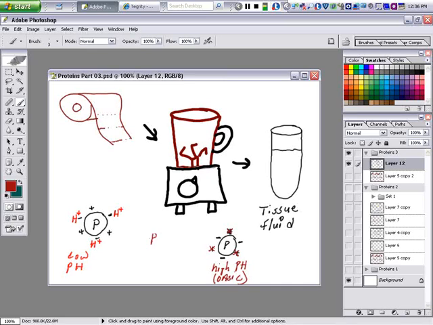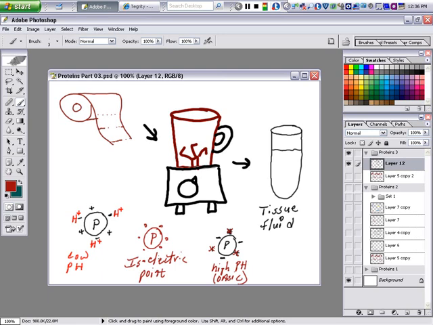And so if we have a protein here, the pH at which there are no charges, or when it has an overall neutral charge, that pH is called the isoelectric point. So the isoelectric point of a protein is the pH at which that protein has a net charge of 0.